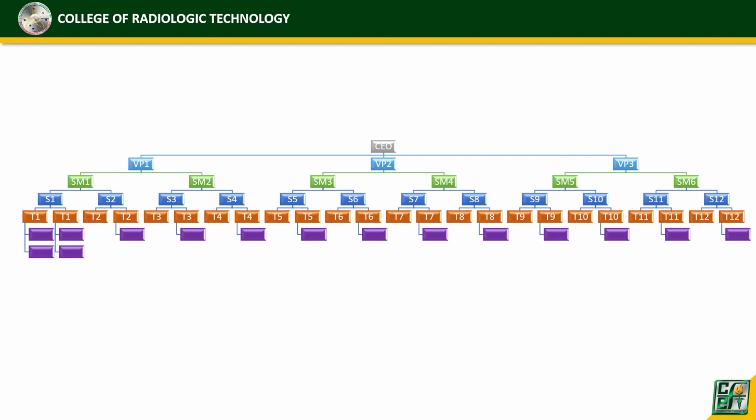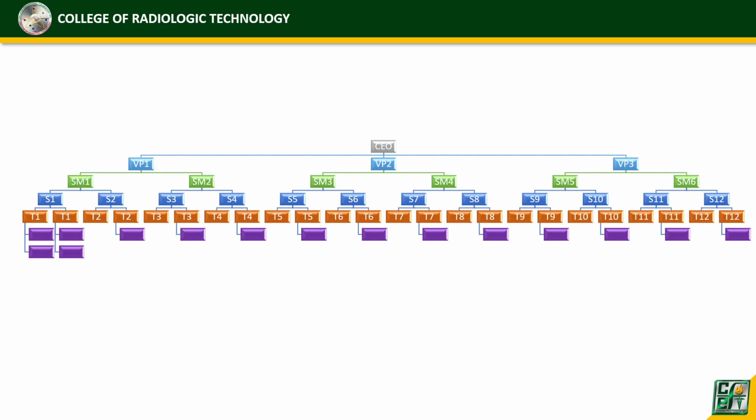Okay, so how about this? Is this a wide or narrow? Siyempre, narrow na. Kasi tapos na tayo sa wide. So as you can see, may CEO. And then, under the CEO, may tatlong vice president.